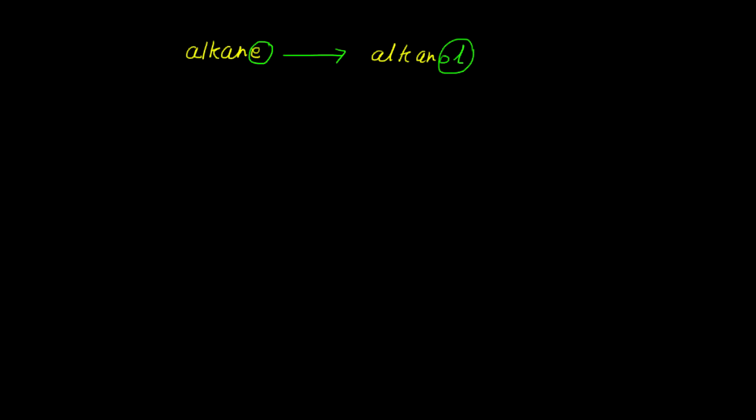Now let us take some examples and we'll try to write down the IUPAC name to these compounds. Let me write the first example. So this is CH3, CH3, CH3, CH2OH.